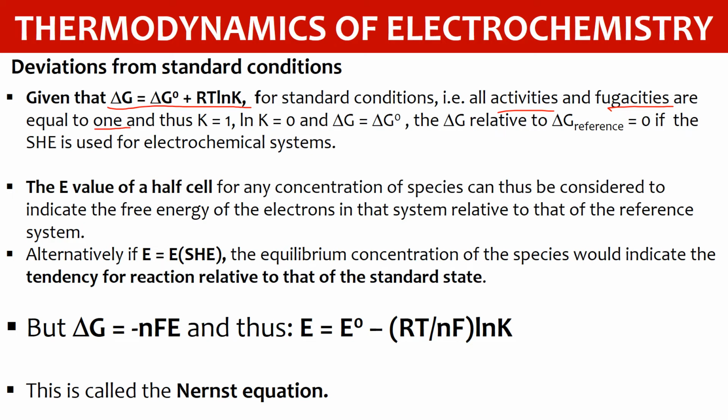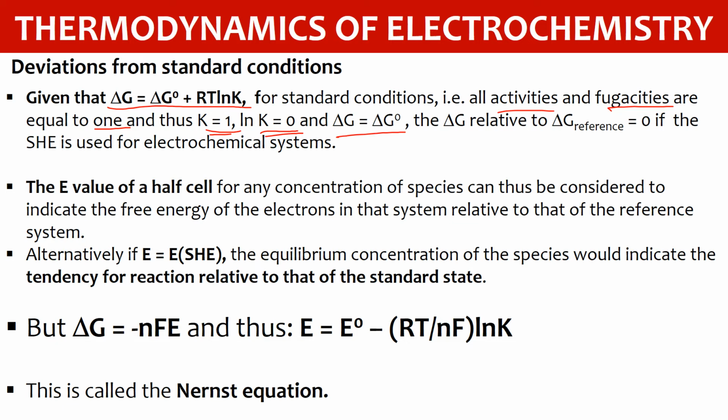So if your activities and fugacities are equal to 1, it means that your K is equal to 1, and your ln K must be 0. Therefore, delta G is equal to the standard Gibbs free energy.